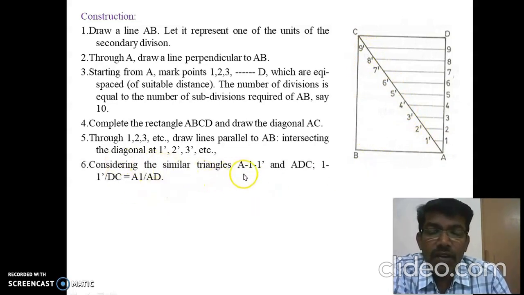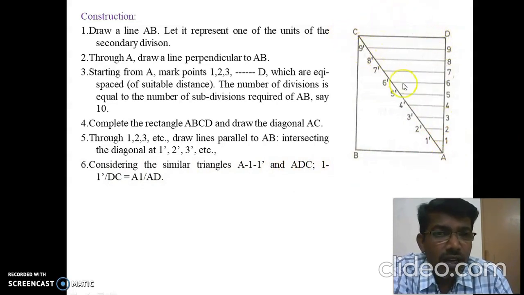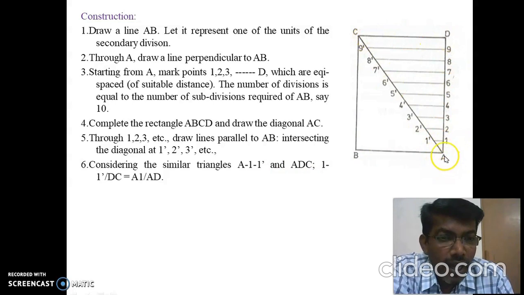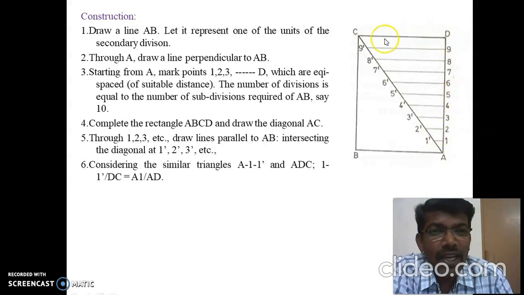Considering similar triangles A1 1 dash and ADC, this rectangle is divided into 10 equal parts. So A1 1 dash is 1/10 of ADC.